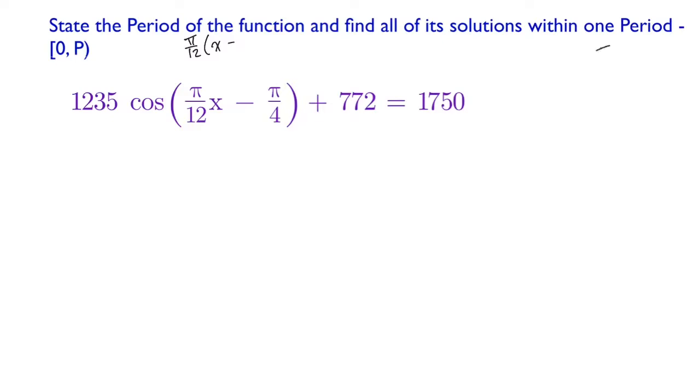Let's do this over here. Pi over 4 times 12 over pi, which is going to give us the answer of 3. And then we still have cosine.